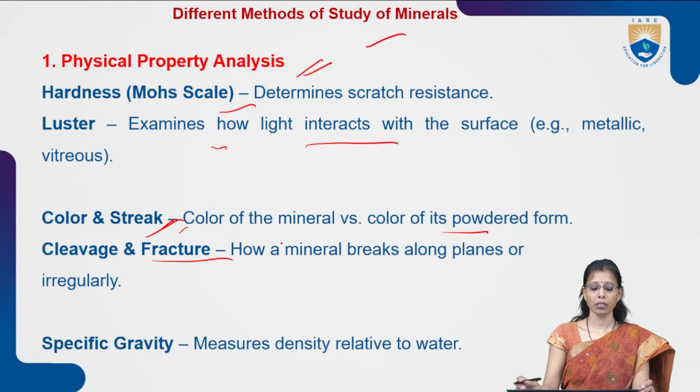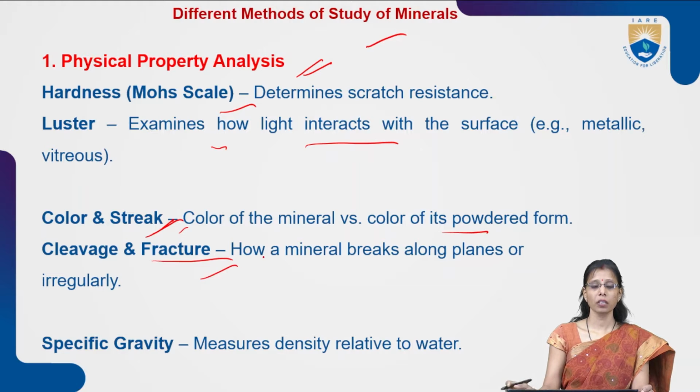And cleavage and fracture describe how a mineral breaks. Whenever you try to break a mineral, it can break as a plane surface or as a fracture surface. Cleavage means the breakage of the mineral will give a very smooth surface, where we can identify flat surfaces at the time of breakage.